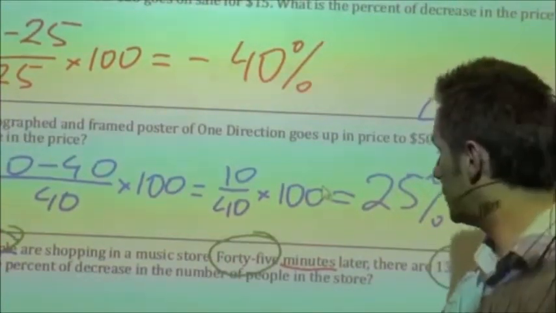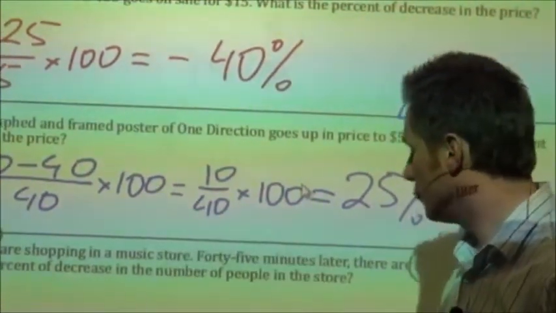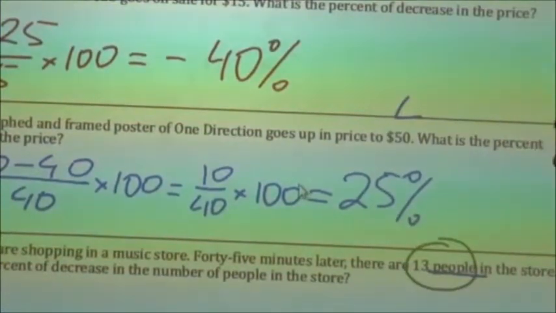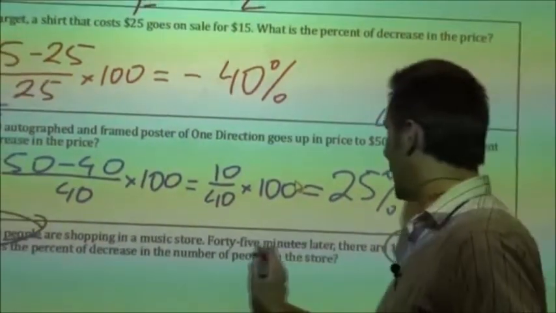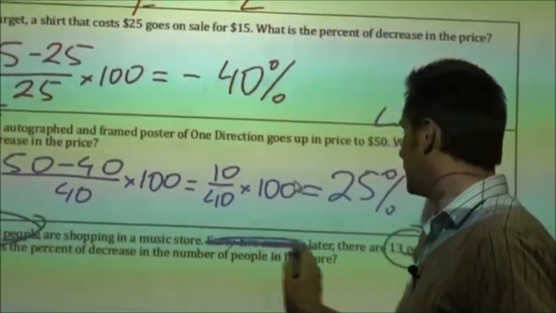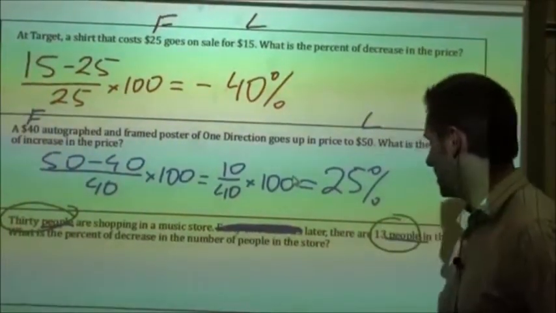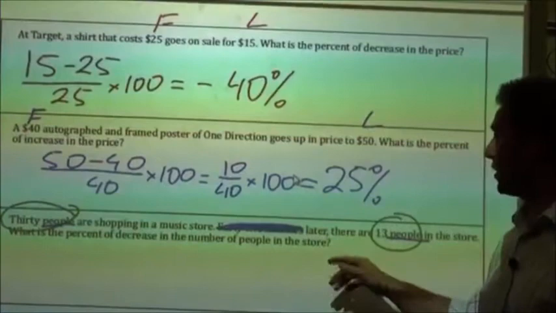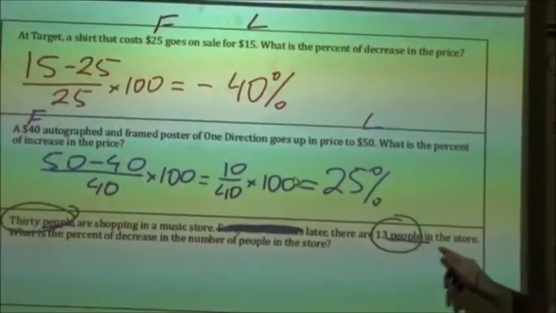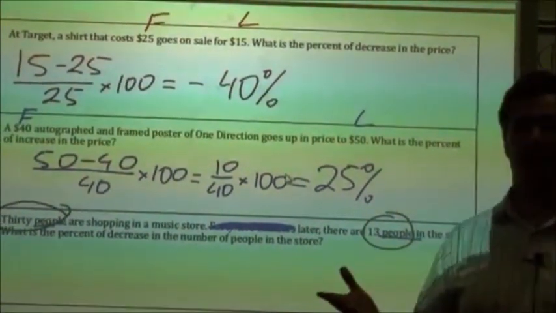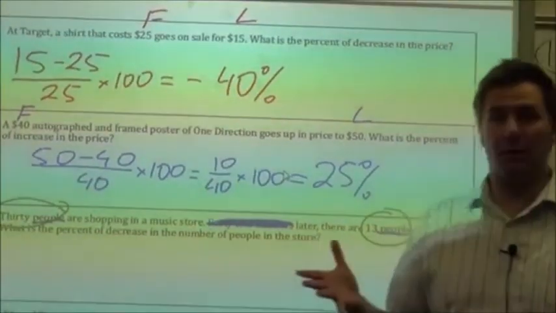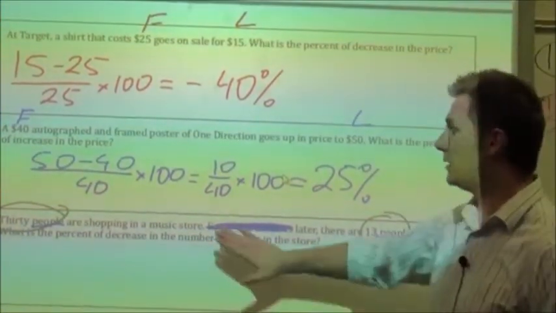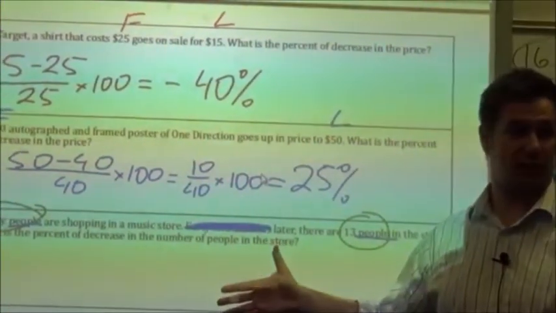What you could do is reread that question, but instead of 45 minutes later, scratch this part and just read this as follows: 30 people are shopping in a music store. Later, there are 13 people in the store. It didn't change any meaning of that problem, yet we eliminated the unnecessary number that can distract us.